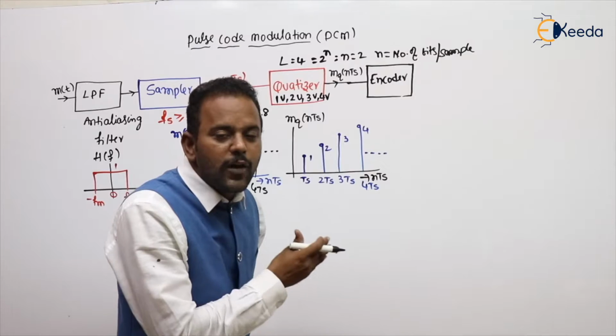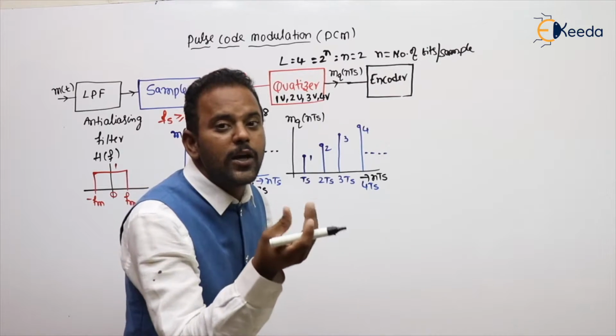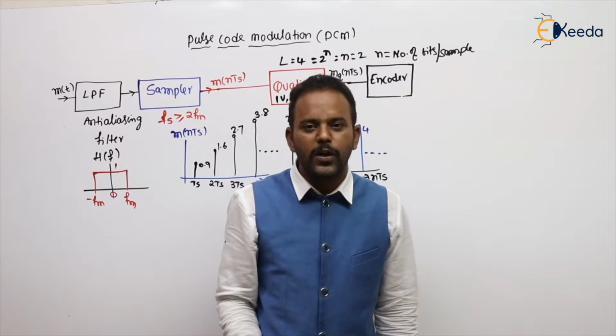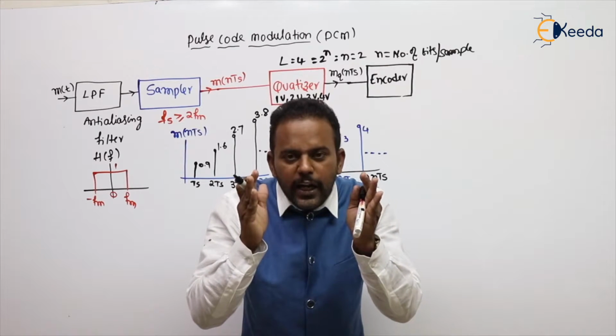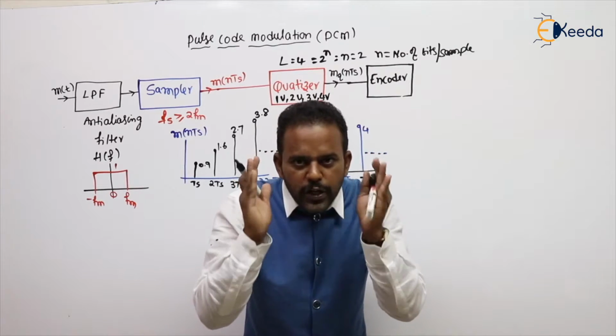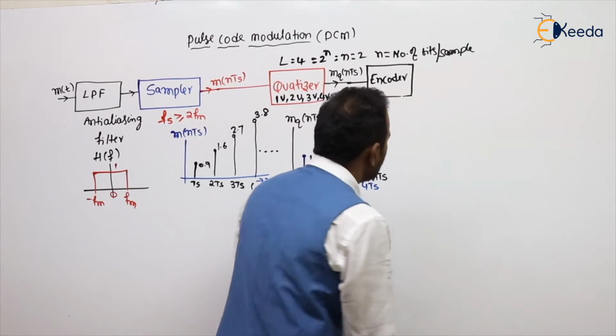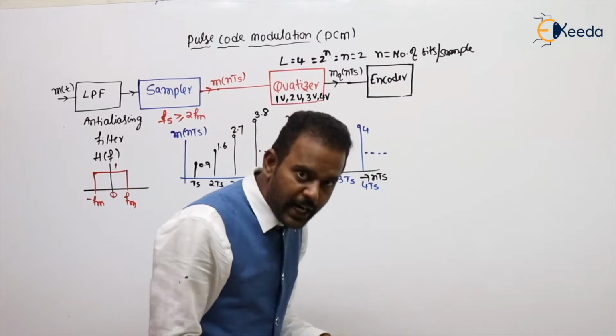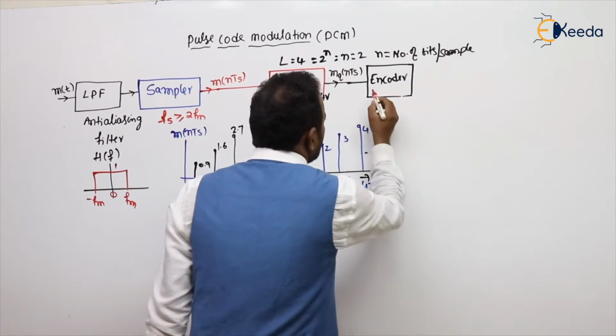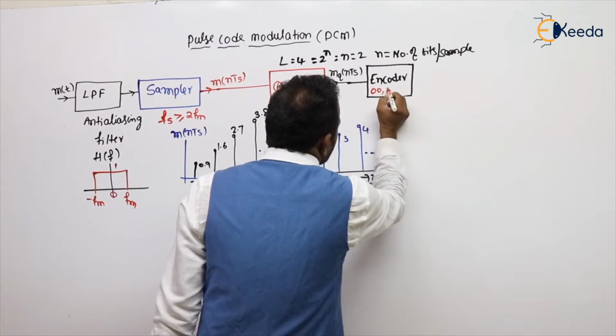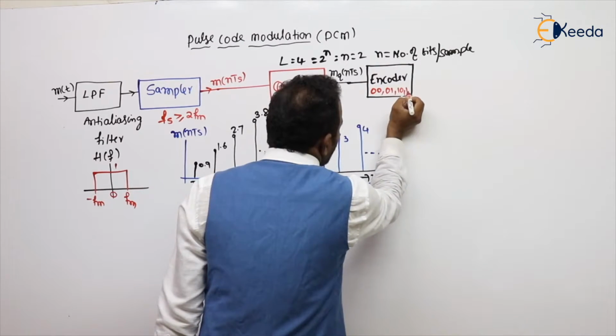So to get the 4 different binary codes, you can think also. To get 4 unique binary codes, how many bits are needed? 2 bits are needed. What are the codes? 00, 01, 10, 11.